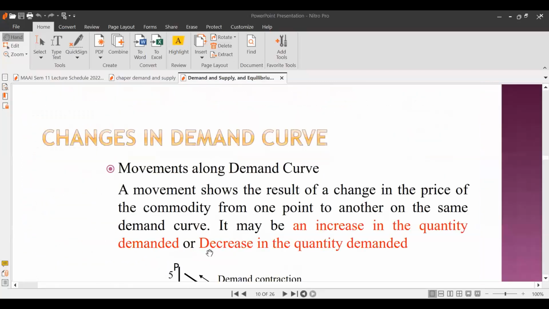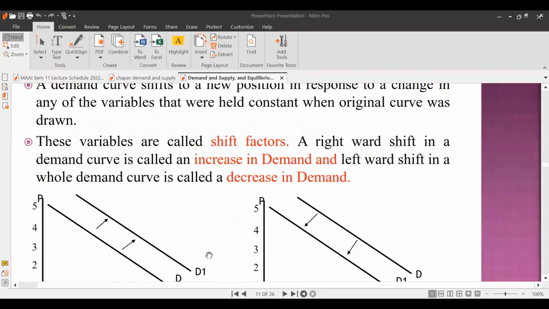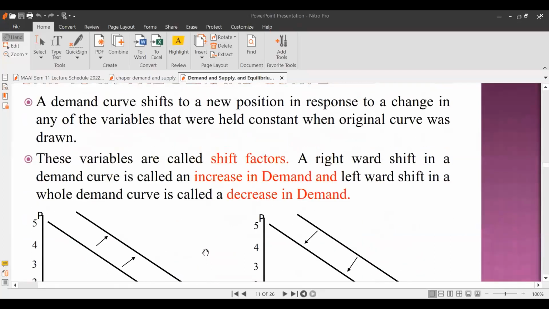So if there's a change of a particular factor, that will cause the whole demand curve to change, to the right hand side or left hand side. Right?